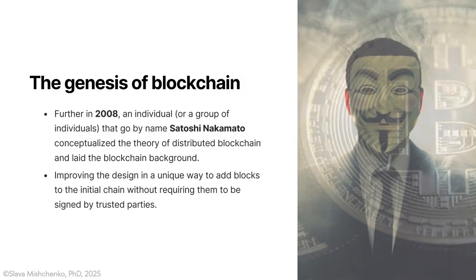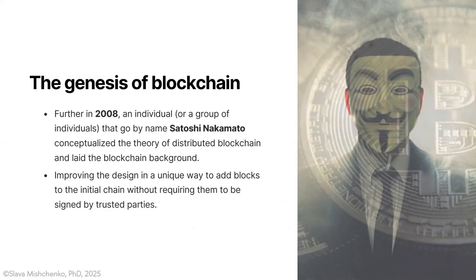Nakamoto's breakthrough wasn't just technical, it was conceptual. The matter is that they figured out how to create a distributed blockchain system that didn't need trusted parties for verification. And in many years of studying blockchain technology, I've come to appreciate just how revolutionary this innovation was.